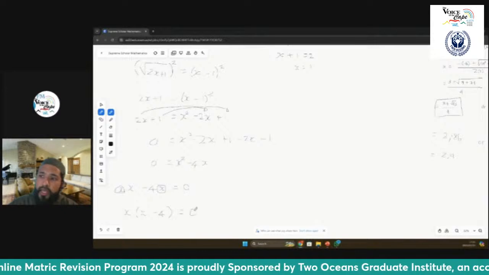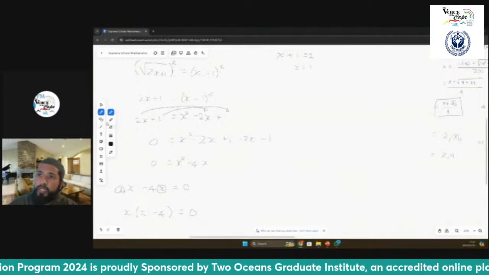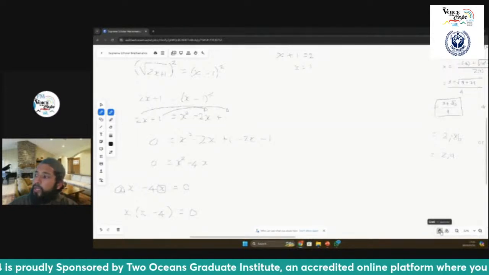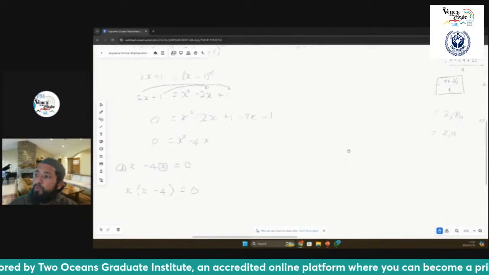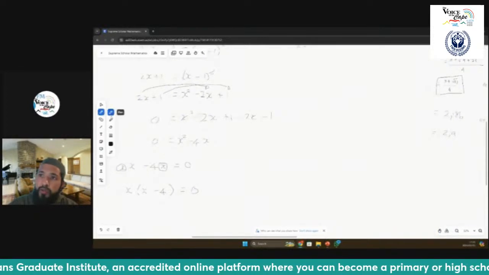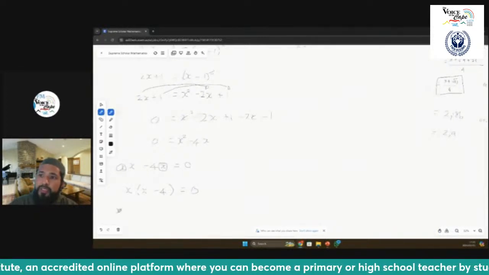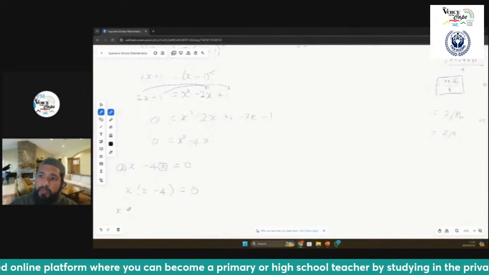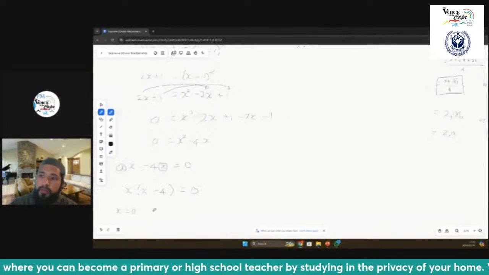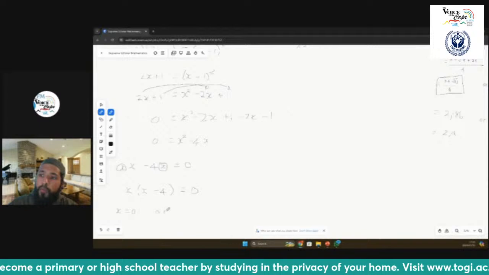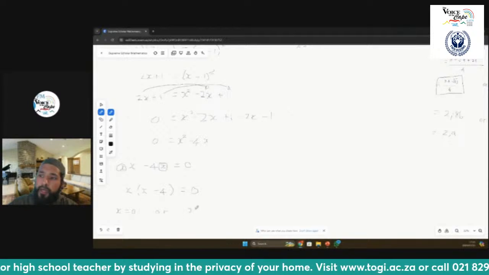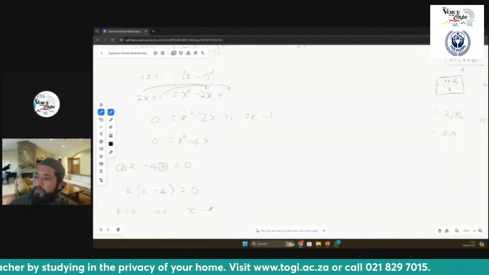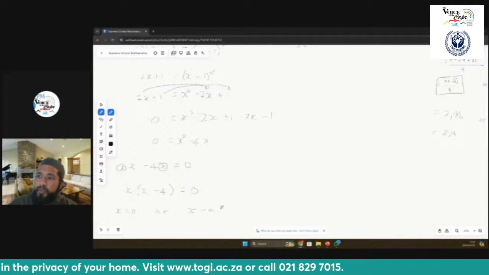And then following from the principle that we dealt with yesterday, where if two things are multiplied by each other and they're equal to 0, then there's only two possibilities. The one possibility is the first term equals 0, or x minus 4 equals 0. Okay.